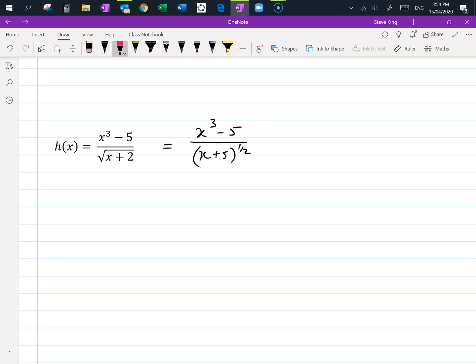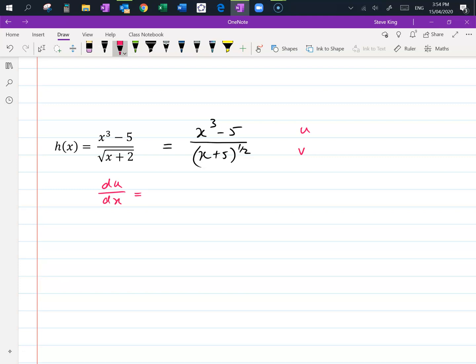So I know that my u is going to be x cubed minus 5, and I know that my v is going to be x plus 5 to the power of a half. We need to be careful with these, especially with the v. So let's figure out what our different parts are.